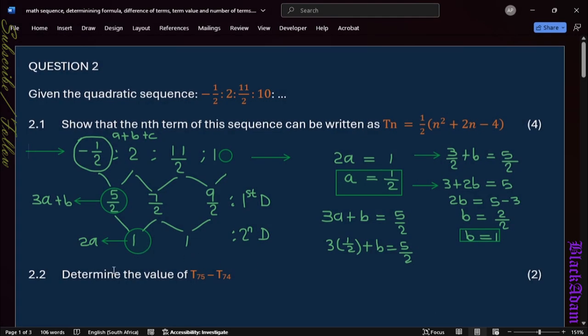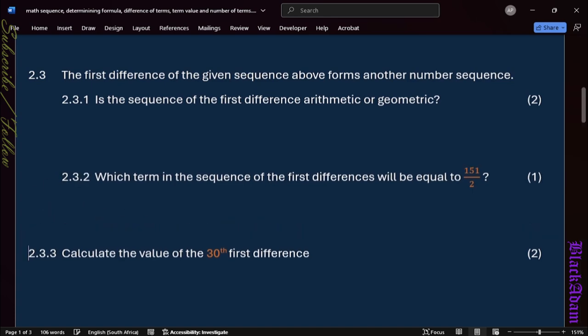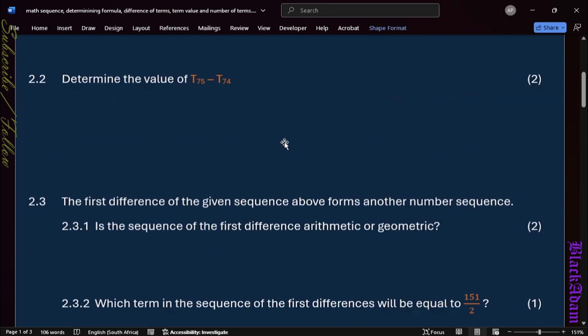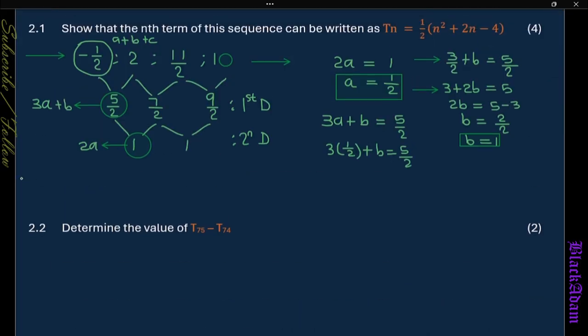Then from there, let's just get our space. Now we have a plus b plus c. That gives us the first term, negative 1 over 2. And we know that a is a half, plus we know that b is 1, so it's a half plus 1 plus c is equal to negative half.